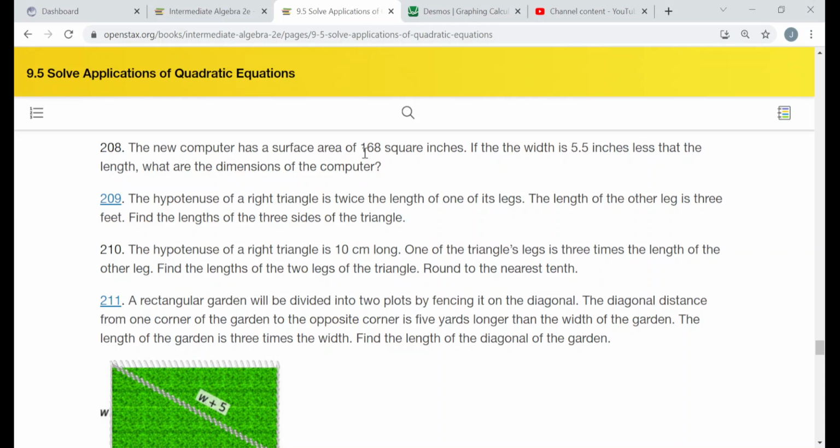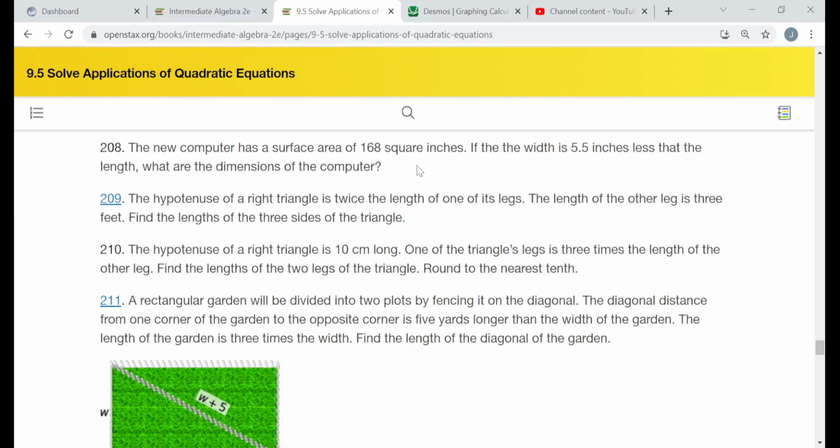Because they give us the width, and they want us to find the length and width. Notice there's no depth. There's no third dimension here. Even though surface area would imply that I have a three-dimensional figure and I'm finding the area on all the surfaces.